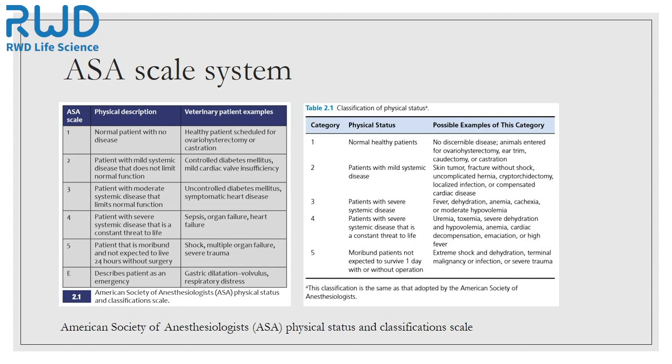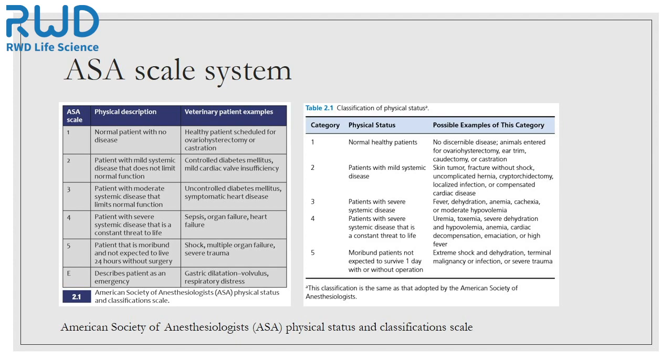The other one, from the other picture, we can see instead of giving you a certain disease, it gives you a symptom. Still for level 3, the patient with severe systemic disease, it will give you a symptom like fever, dehydration, anemia.